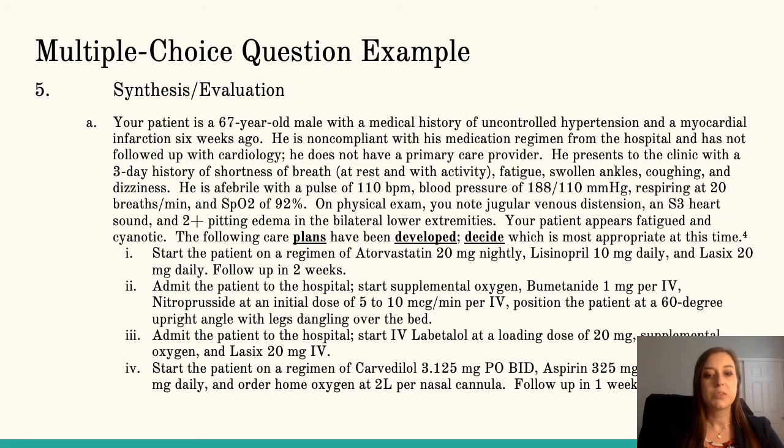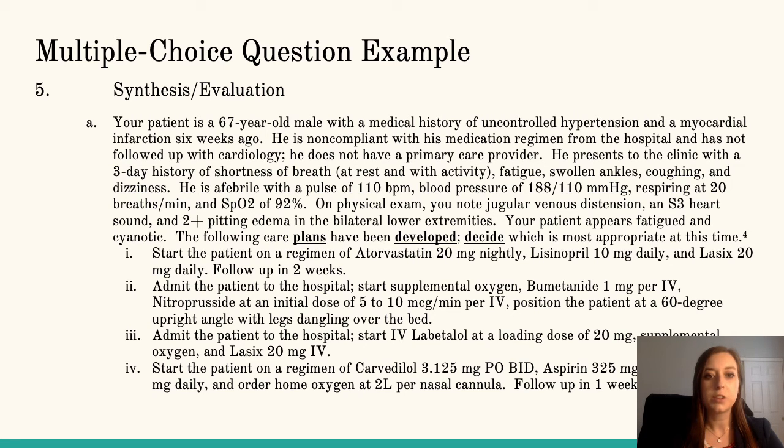Number 5, so bear with me, this is a bit long. Your patient is a 67-year-old male with a medical history of uncontrolled hypertension and a myocardial infarction 6 weeks ago. He is non-compliant with his medication regimen from the hospital and has not followed up with cardiology.